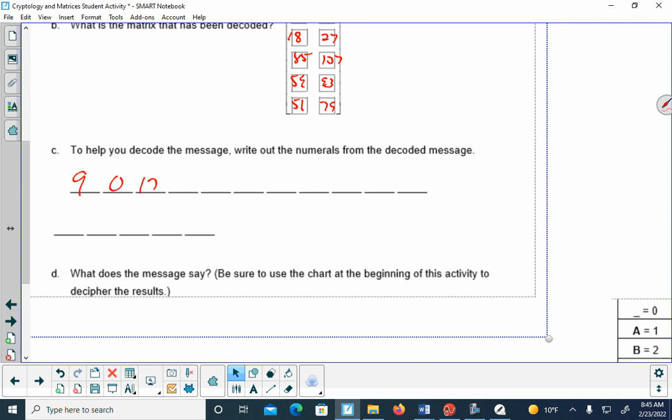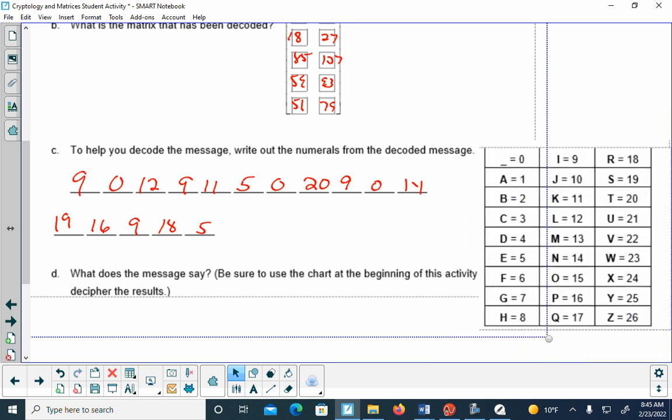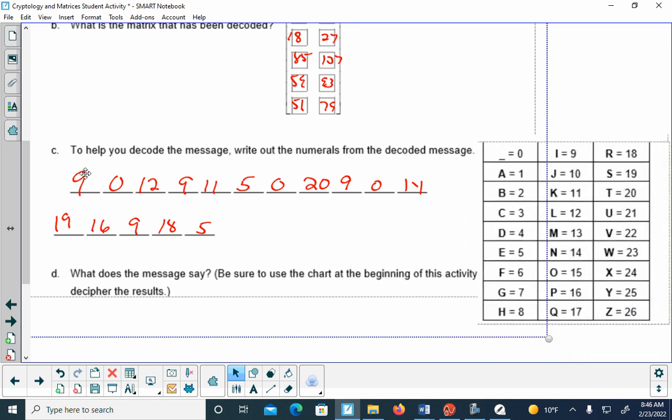So I'm going to write 9, 0, 12, 9, 11, 5, 0, 20, 9, 0, 14, 19, 16, 9, 18, and 5. Now I'm going to bring out my chart, which we will give you. You do not have to memorize that. You are going to change the numbers into letters. So the 9 is an I, and then I have a space.